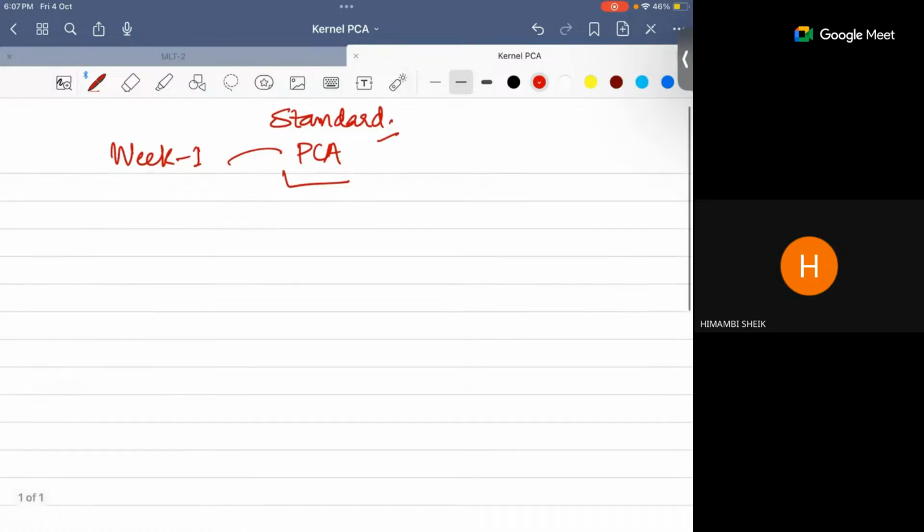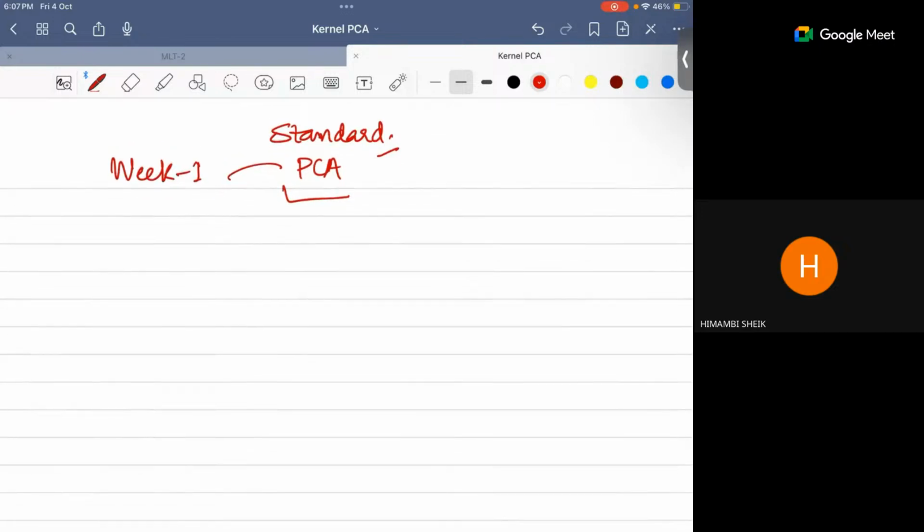And after finding those different bases, we were projecting those data points and saving the projection values. Okay, and if we have to get back to the data set, we can get back if we use all those eigenvalues, or you can say all those principal components, we can get back to the data set also.